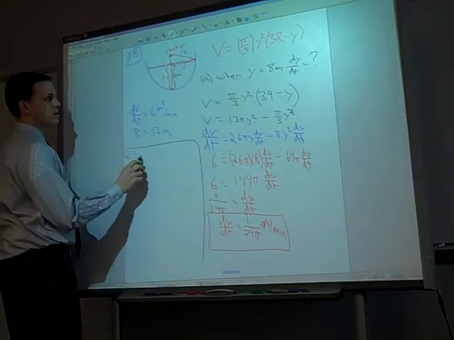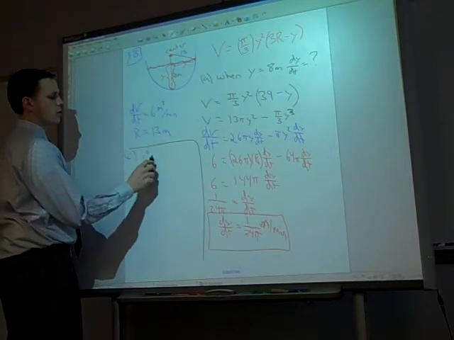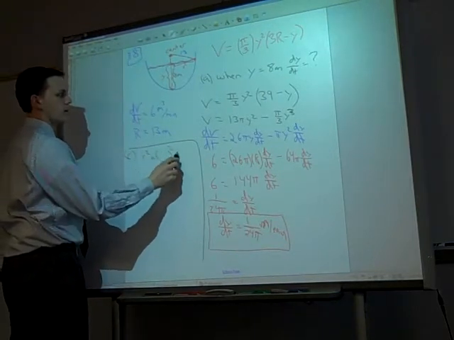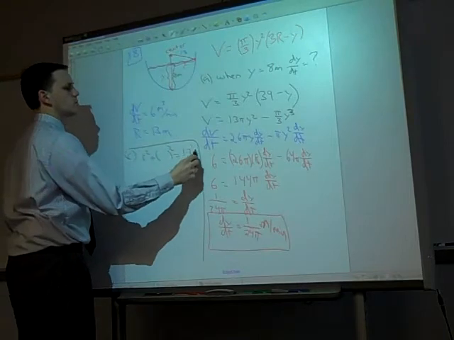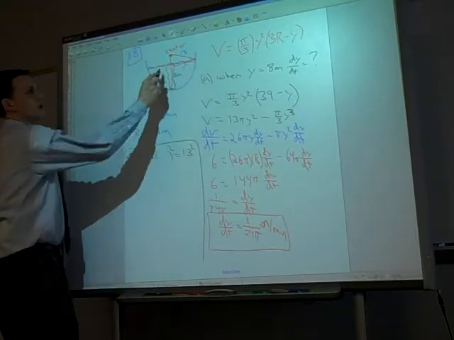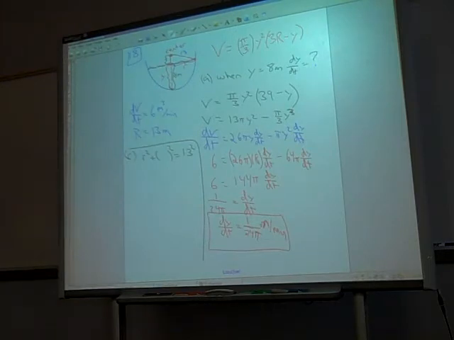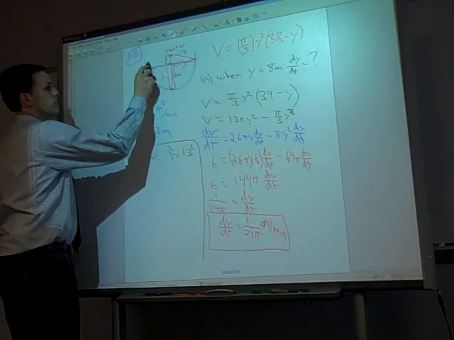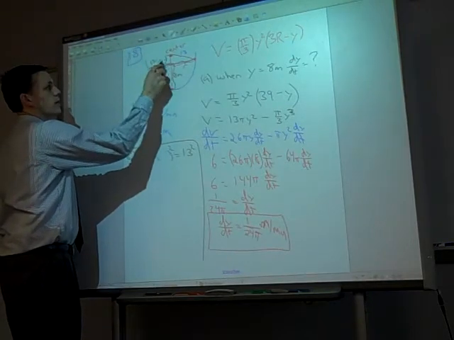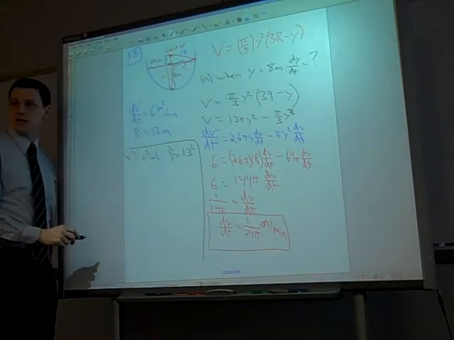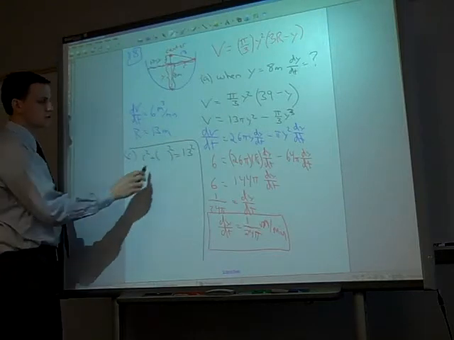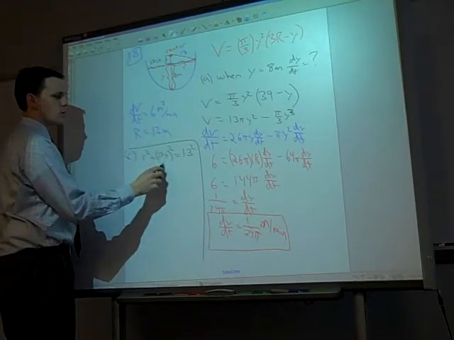And I know that little r squared plus something squared equals 13 squared. So the question is, what is that piece up there? 13 minus y, very good. Right, because from the center to the base is 13, because it's a sphere. So this is 13 minus y.